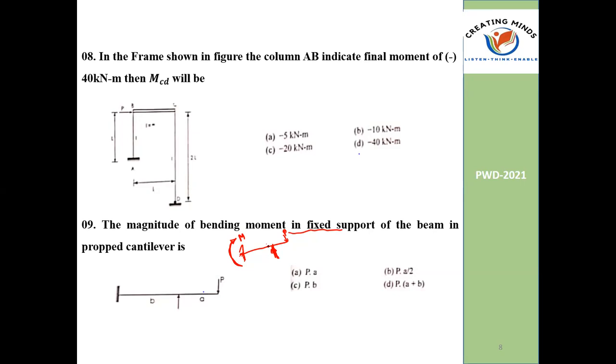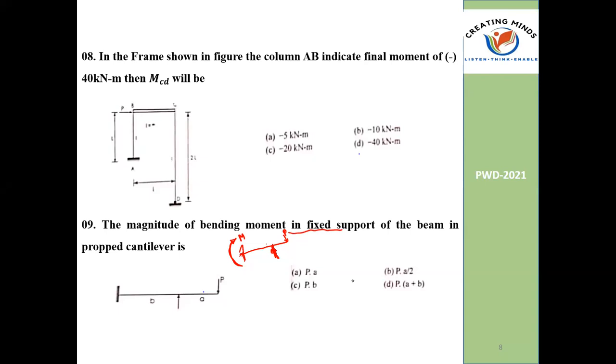When you consider the magnitude of bending moment at the fixed support, the direct moment is P into A. That's the only direct moment acting on the entire beam structure. If you consider up to here, it is P into A plus B. Whether the answer is 1 or 3, which one is correct? Sir, option one, PA. Yes, sir, PA is correct.